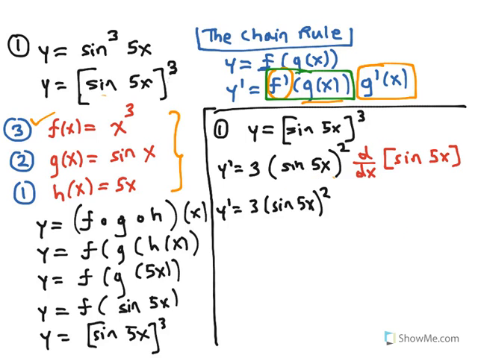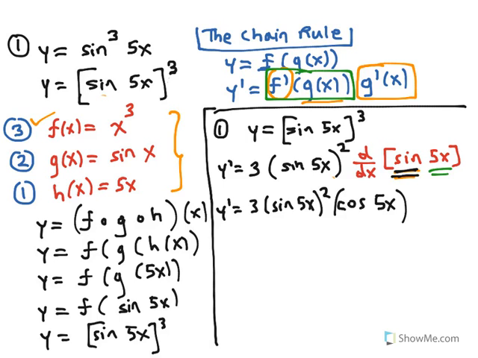So you would write y prime is equal to 3 times sine of 5x, that quantity squared, and then to find the derivative of sine of 5x, the inside function is 5x and the outside function is sine x. The chain rule says, find the derivative of the outside function. The derivative of sine is cosine, so I write cosine, and I evaluate that at the inside function of 5x.